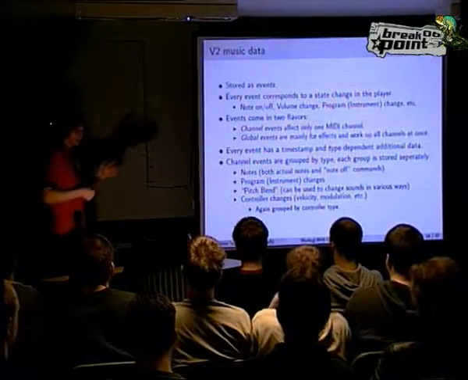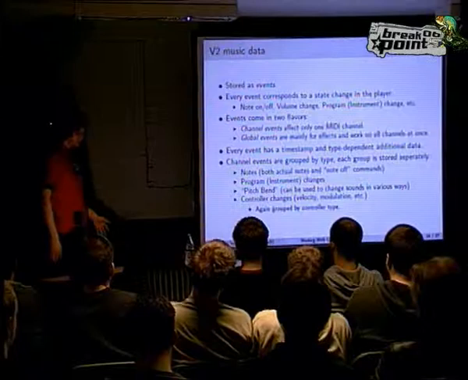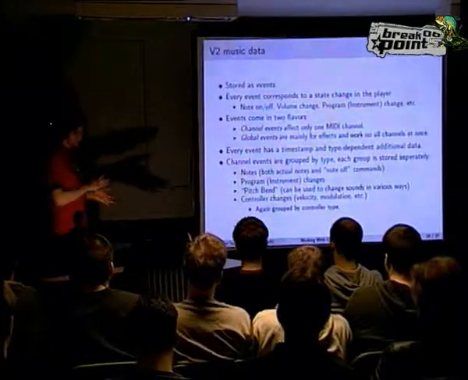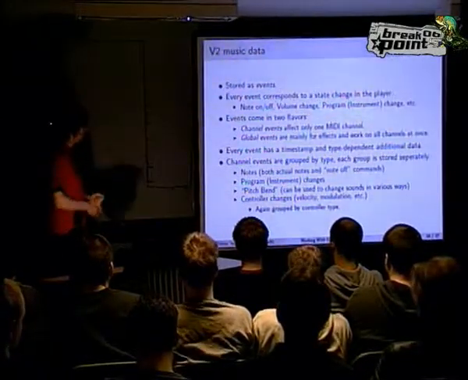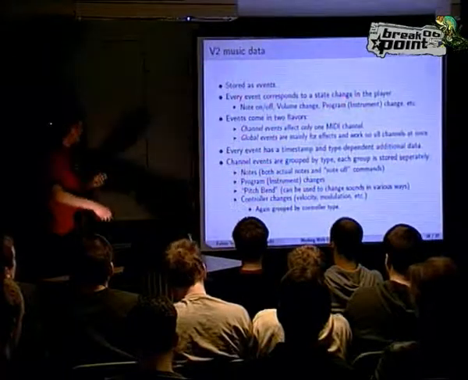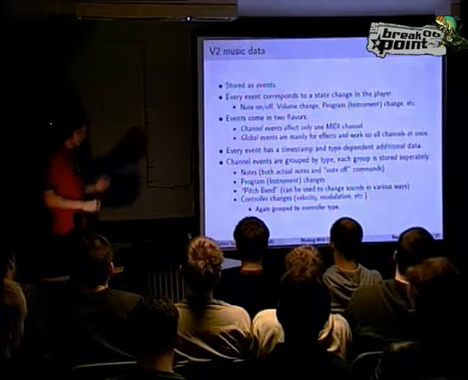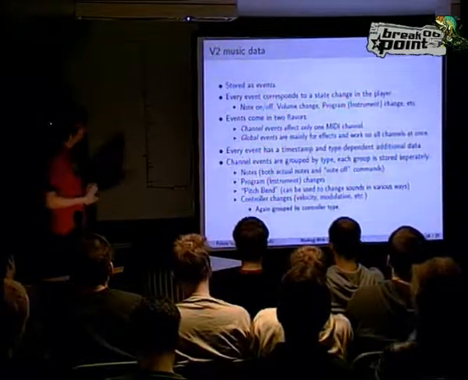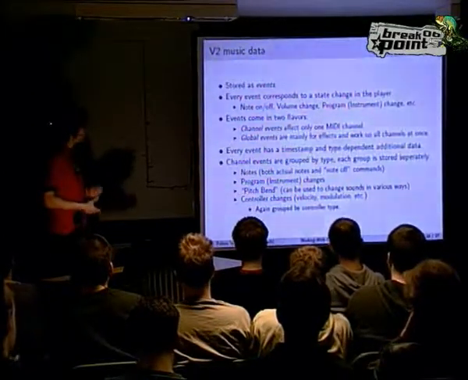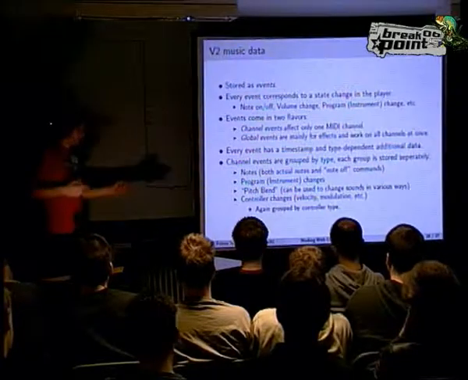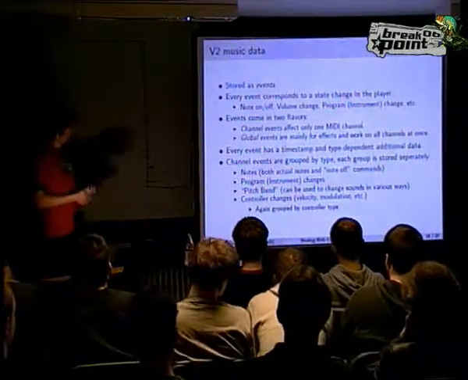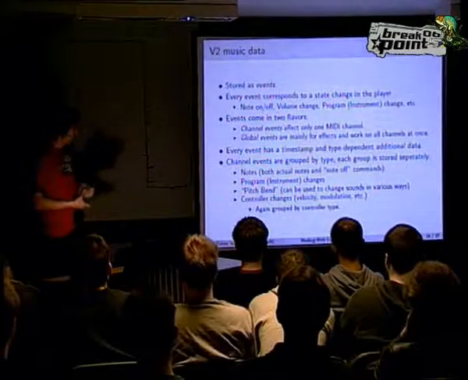And these channel events are grouped by their type, and each of these groups is stored separately. There are notes, both actual notes and note-off commands, so just play a C5 and that kind of thing. There are so-called program changes, which just change the instrument currently being used in a certain channel. There's pitch bend, which is again just MIDI terminology.